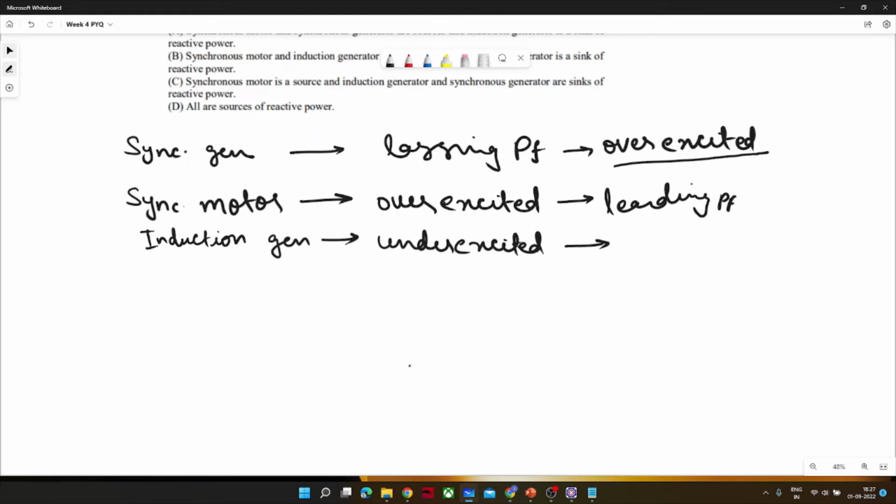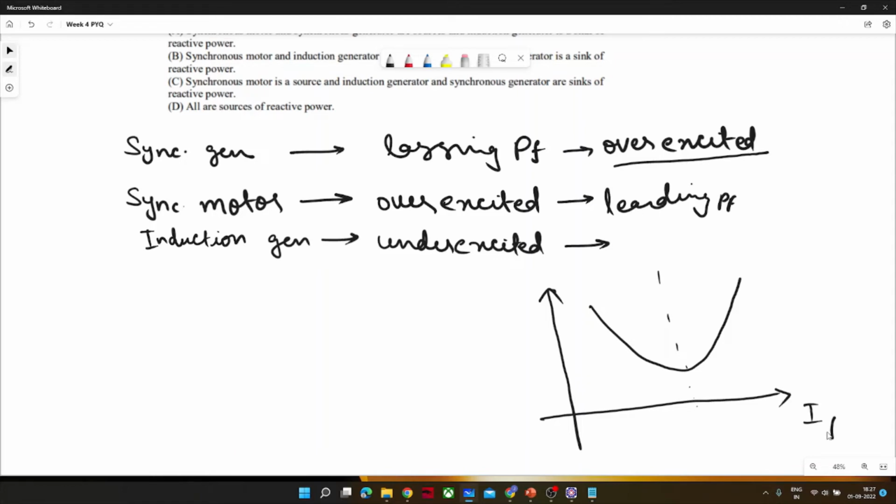If you recall the V curve or inverted V curve, if you increase the reactive power, first the power factor angle gets decreased and then increases, like this type of V curve, as IF, and this was cos phi. So first it would be lag, and then it would lead, right?